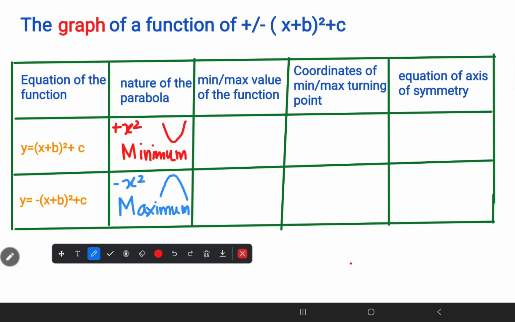Next, maximum and minimum value of the function. How to find that one? When you draw a curve like this, this is the minimum value, its corresponding y value.